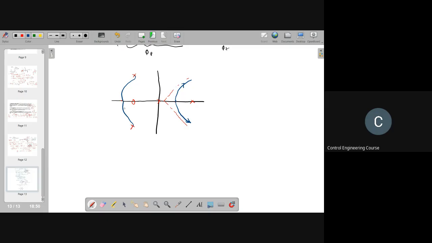I'm not drawing properly. So this is symmetric around that one. So one path reaches to here, another one is going like this. This is how the root locus will be. Is it clear now?